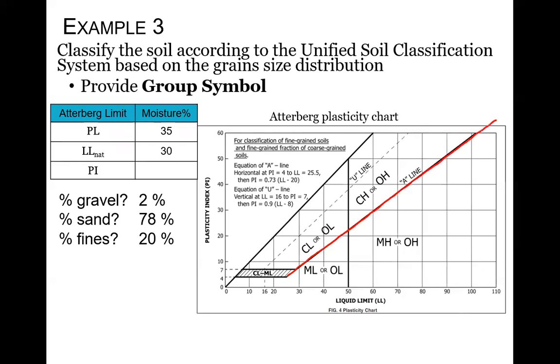But instead of the M's, basically the way we're reading this is whether it is clay up here versus silt down here. So these symbols aren't ML or CL, but now we're looking at SM versus SC.